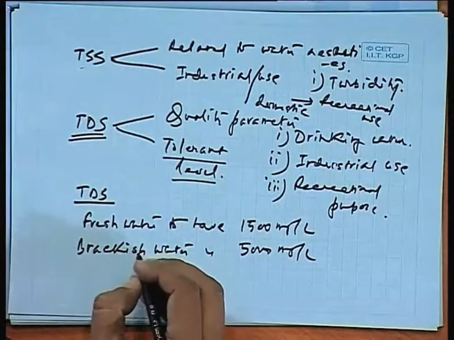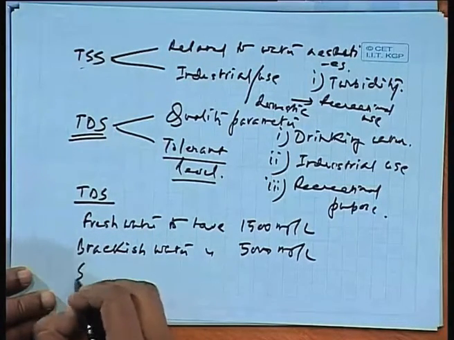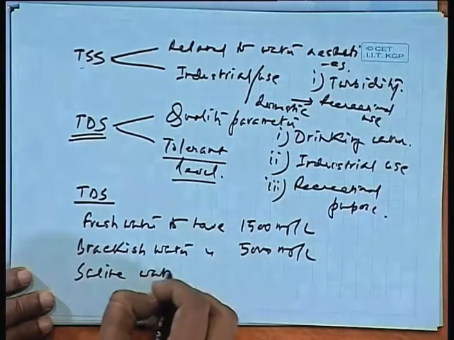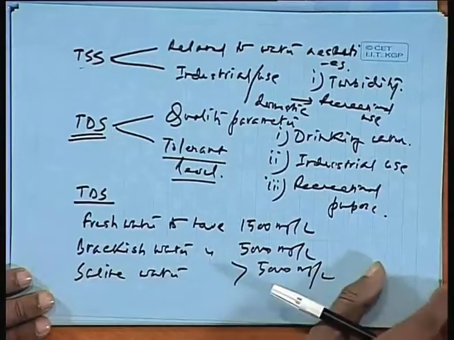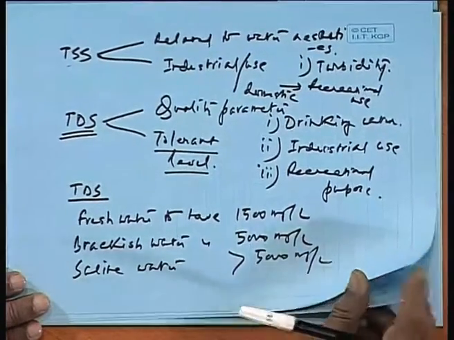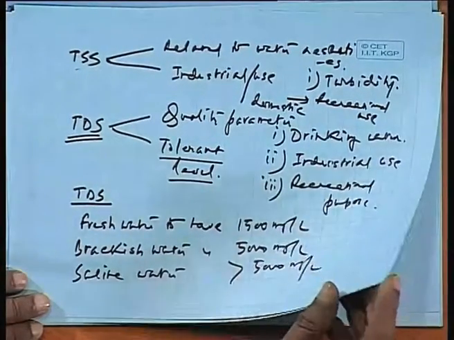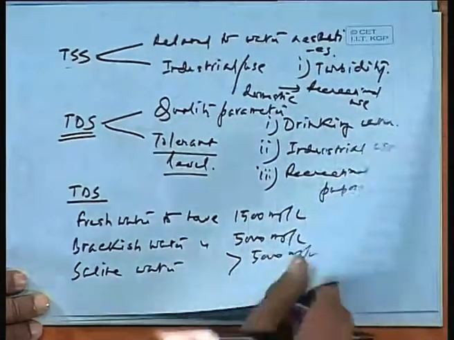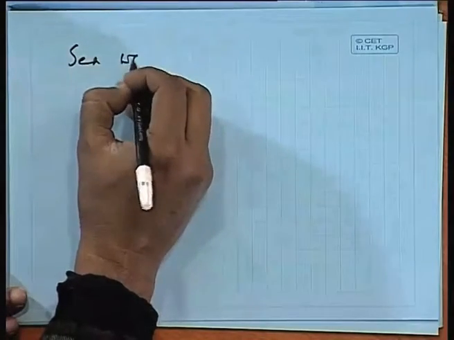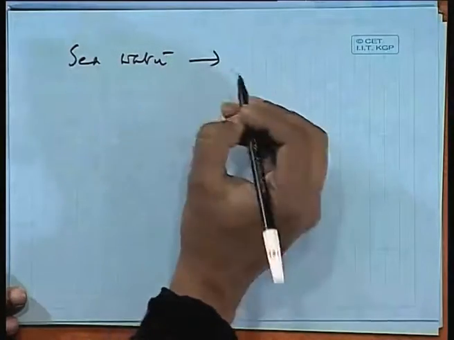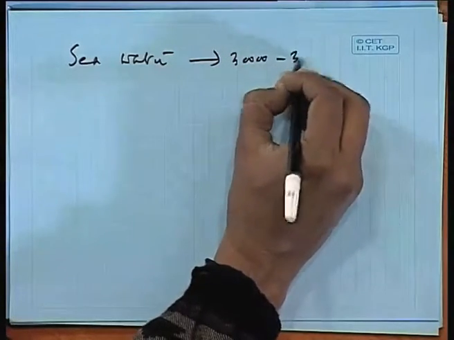Saline water is more than 5000 milligram per liter, and we also know of sea water, which contains about 30,000 to 34,000 milligram per liter.